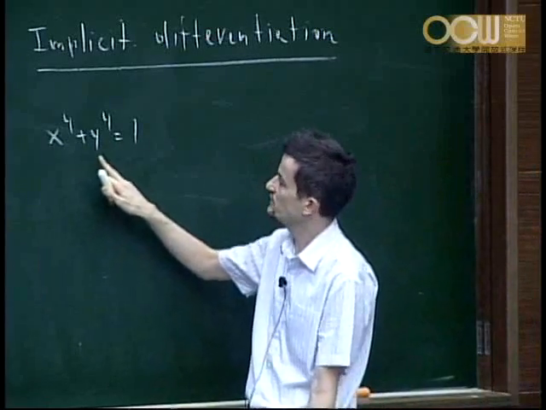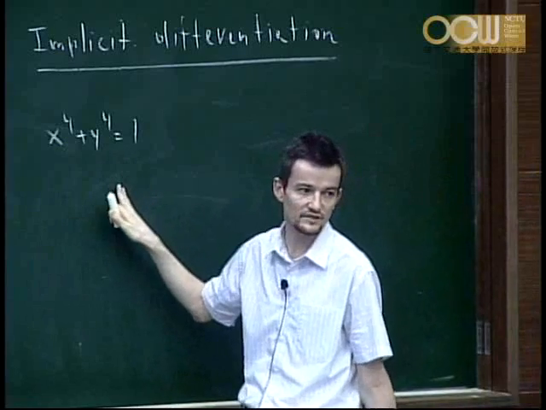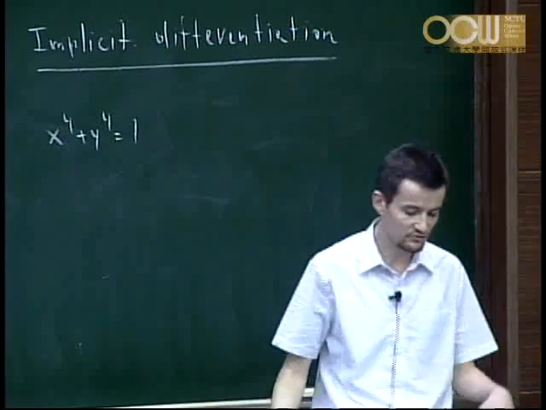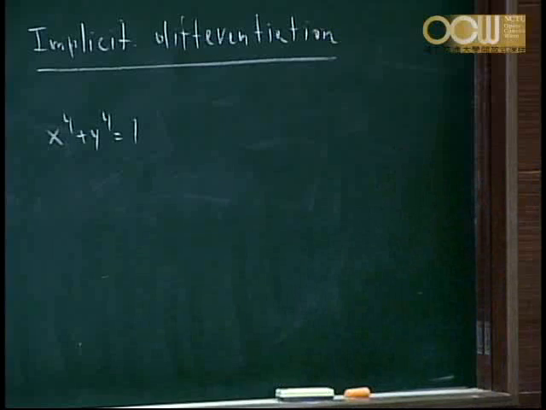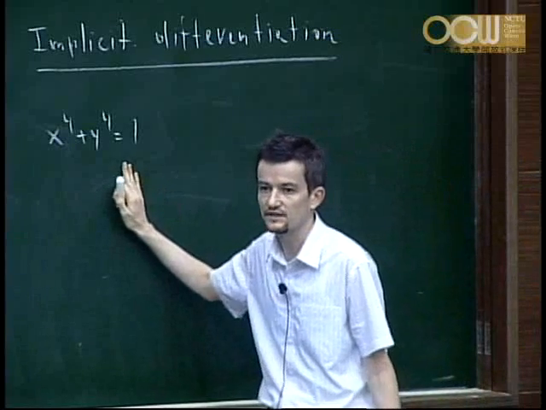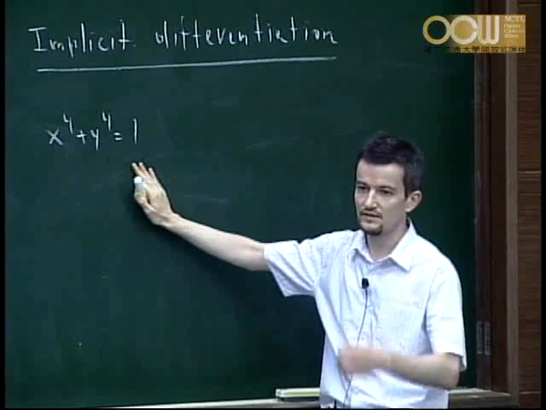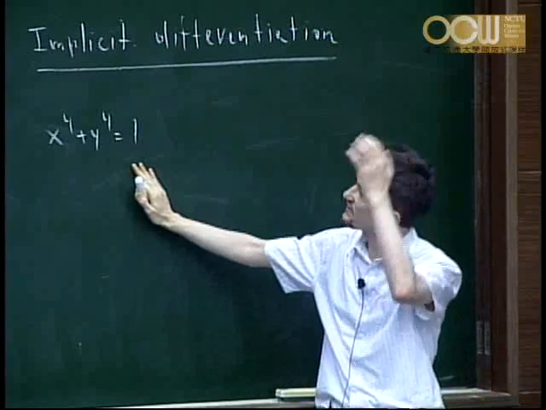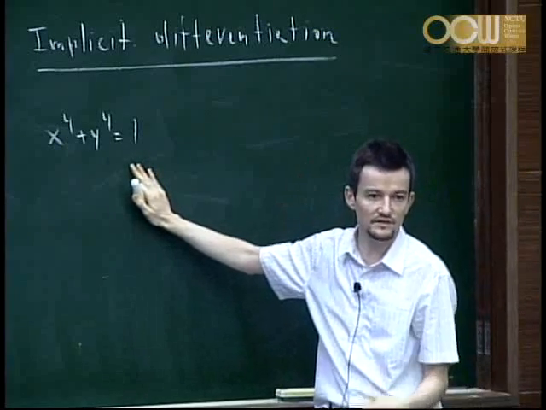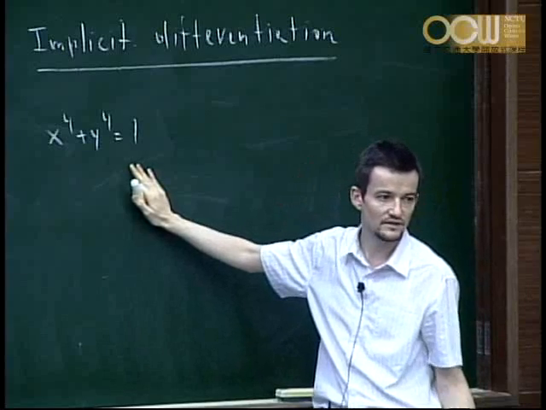It's much easier to just use the method here. So sometimes even if you can solve, we still use the method of implicit differentiation, like in this example here, because it's more convenient. But the real strength of the method is that even if you cannot solve for y, you can still use the method.